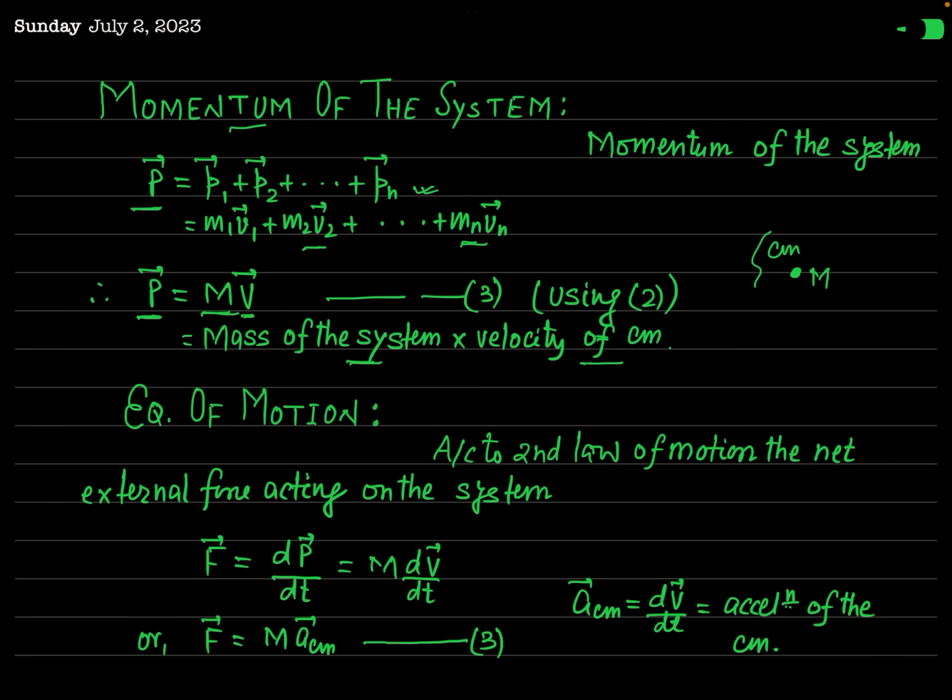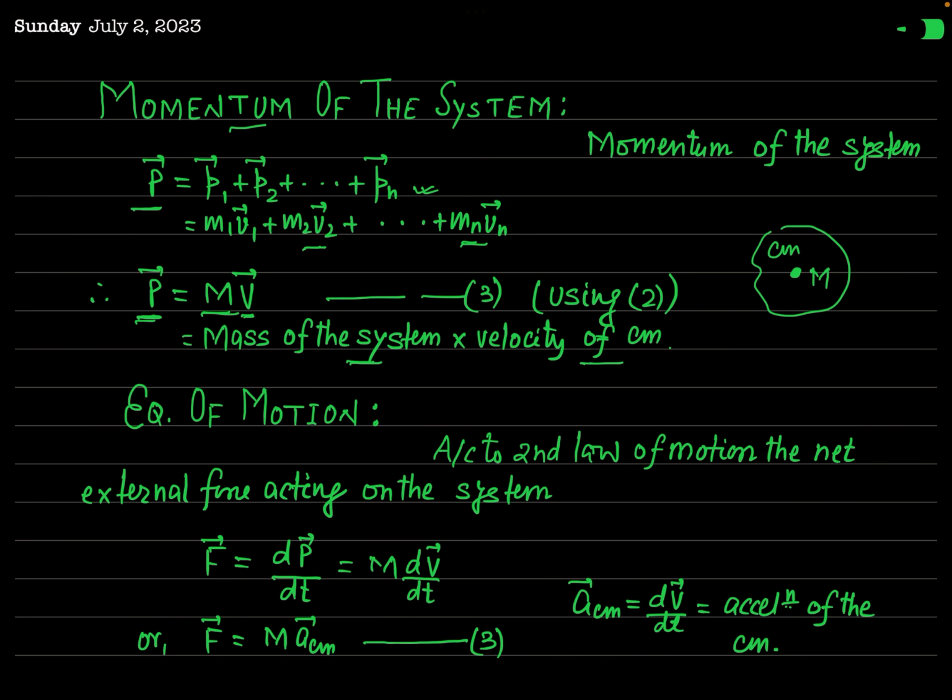So the center of mass is a point which is just equivalent to the whole system if you assume that the mass of the whole system is concentrated at that very point. So for getting the momentum of the system, we have to know the velocity of center of mass, and that velocity will be multiplied by the total mass of the system, and that product will give you the momentum of your system.